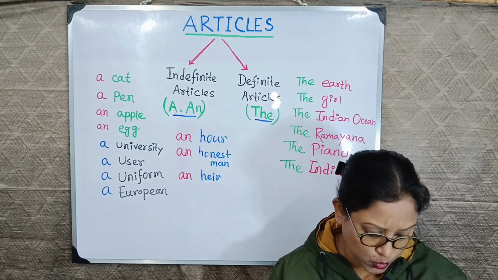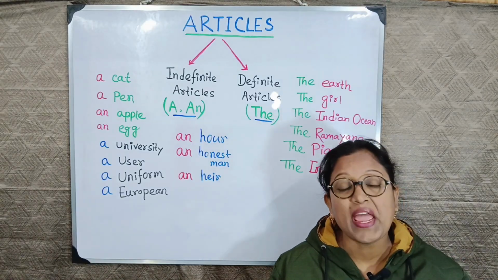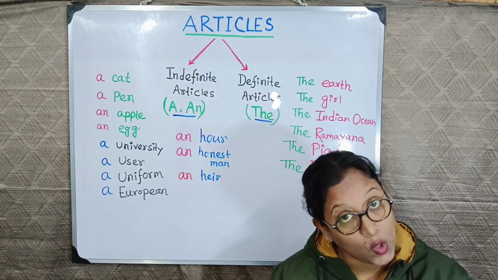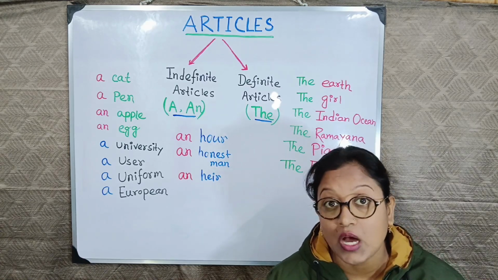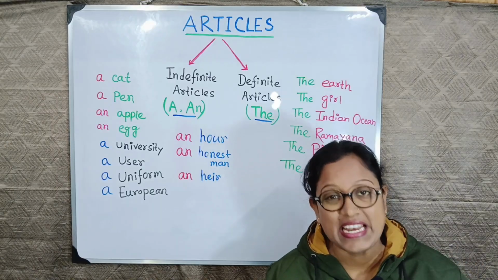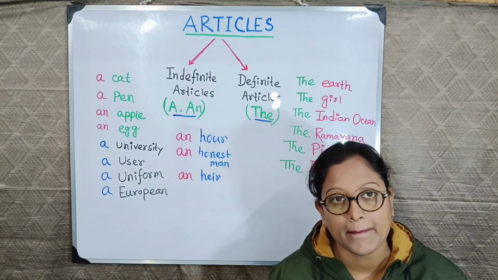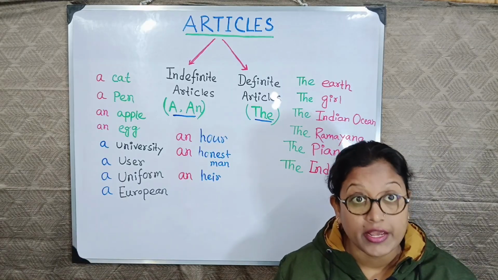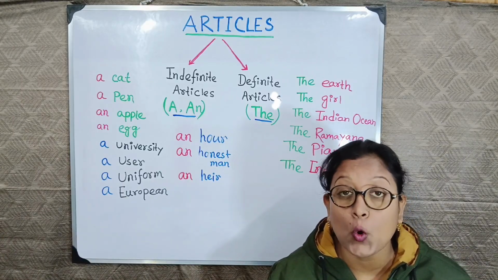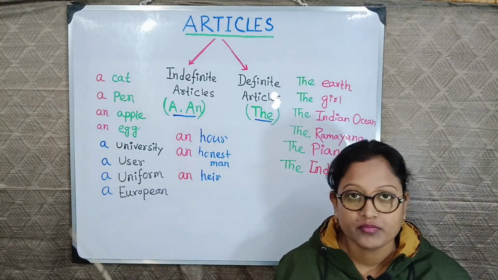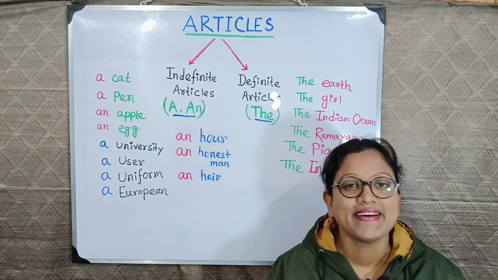Clear? So where will we use it? When the word starts with a consonant sound and also a vowel sound like U, there we will use the indefinite article a. Remember that. A European. European. So it is creating U, right? So, these are the examples.